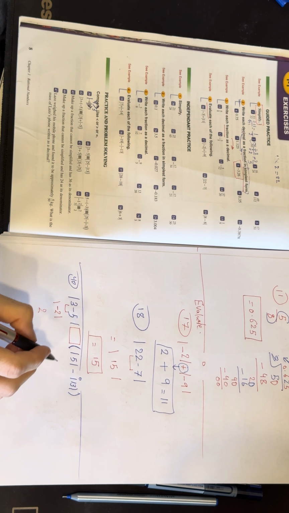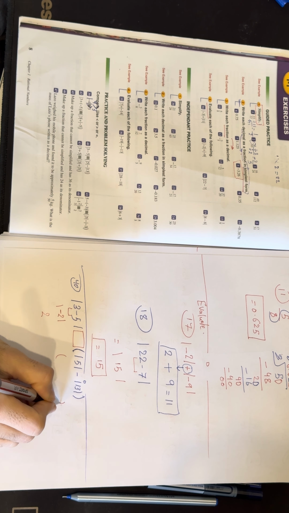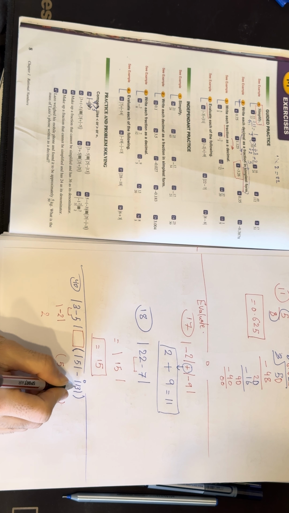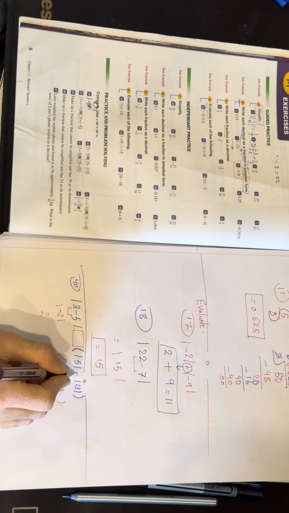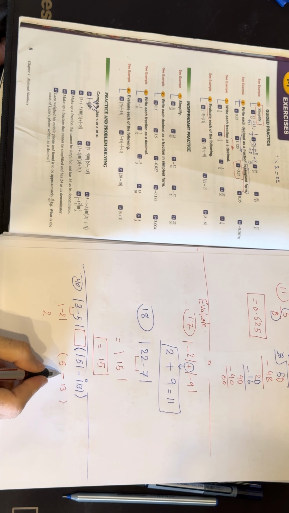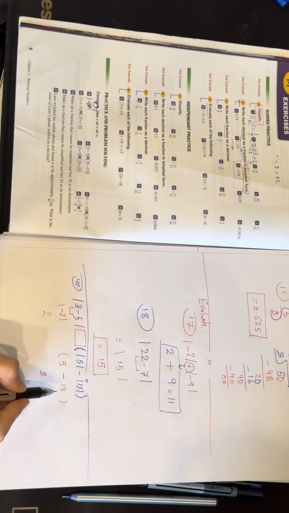What about this one? In this one, I'm going to take out the 5, it will be 5 only, positive will be positive, then 13 will be 13. Between them what do we have? Minus. So I'm going to subtract. 5 minus 13 is equal to 8. But positive or negative? Of course negative.